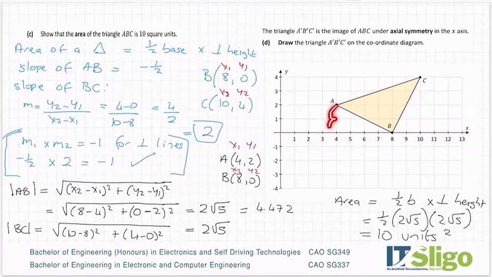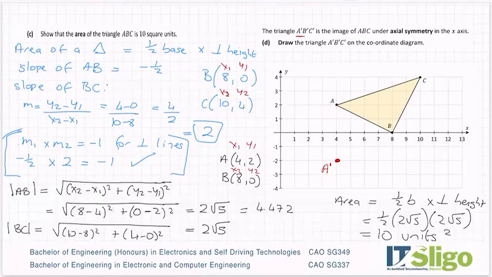You can see it's 2 boxes, so I would go down 2 boxes on the other side of the x-axis. I'm just going to delete those construction marks so that they don't confuse you. The reflection is called A dash, so A dash is the image of A.